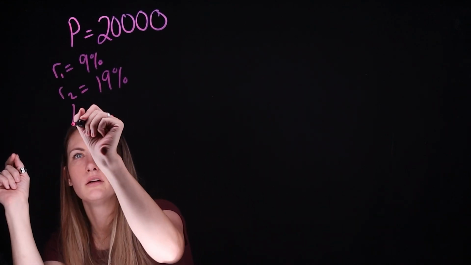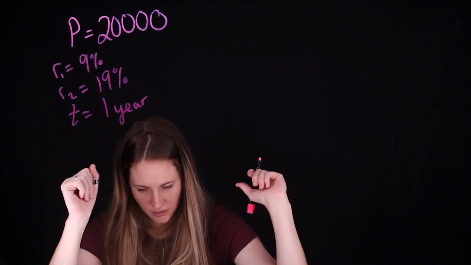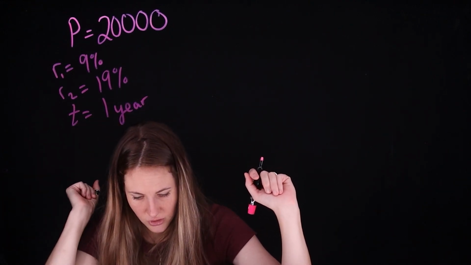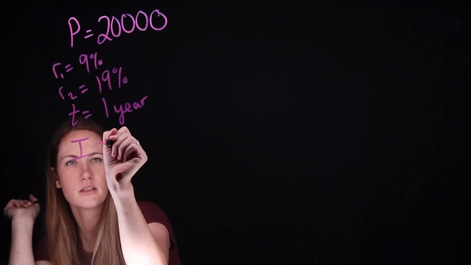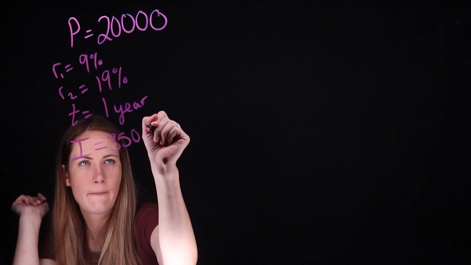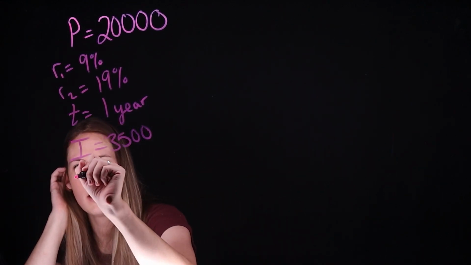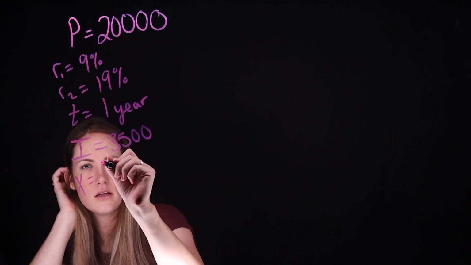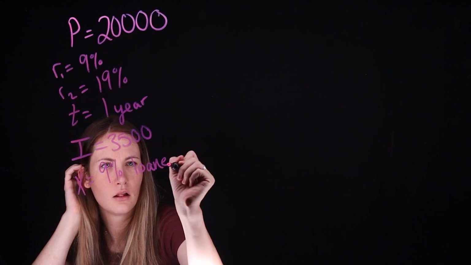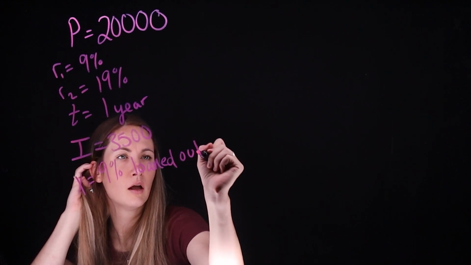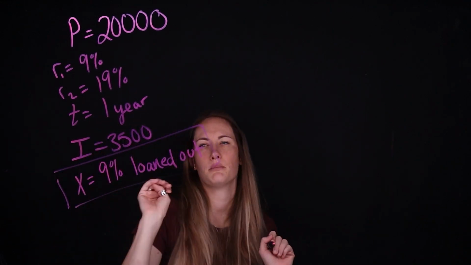So our time is 1 year. If the interest received totaled 3,500, so interest is going to be 3,500. How much was loaned out at 9%? So X is 9% loaned out. This is what we're finding. We want to know how much was loaned out at 9%.